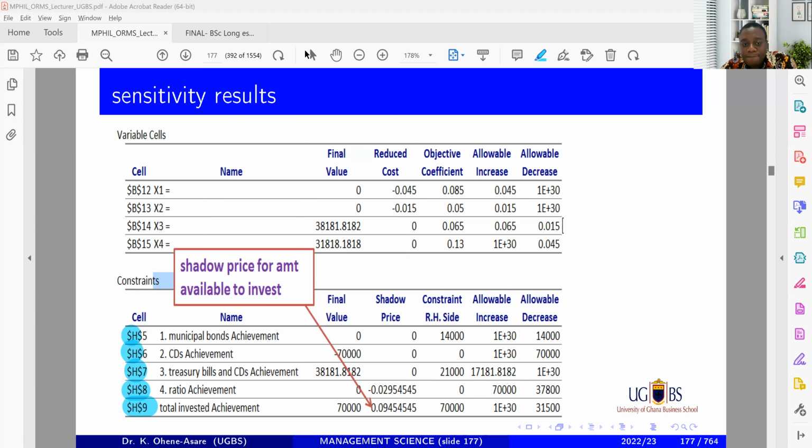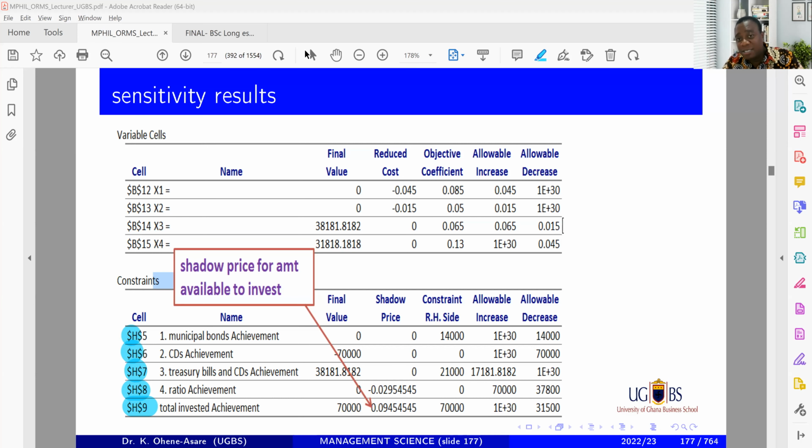Okay, so I think it's because it has the highest shadow price. That is the answer. Now listen carefully, my dear lady. It is because it has the highest shadow price. There could be other ones which may even have positive shadow price, like the last one, the total investment achievement.